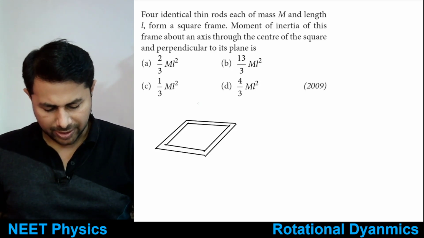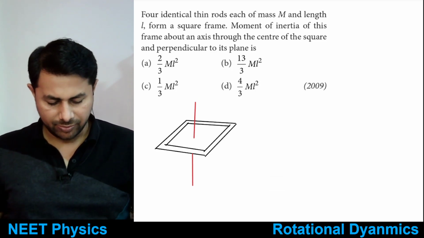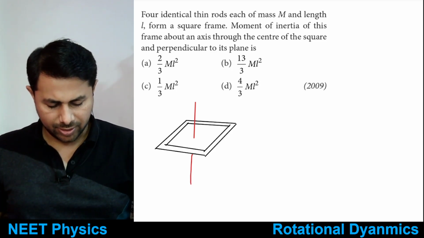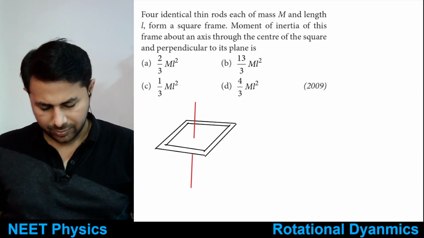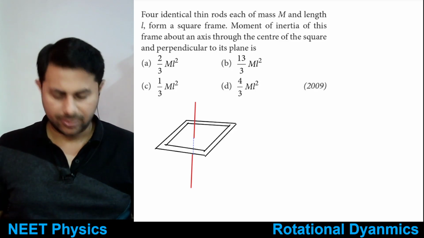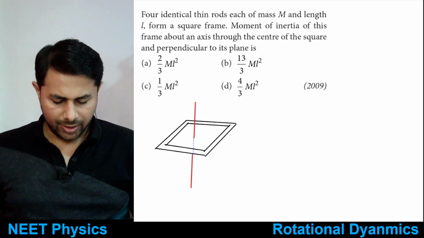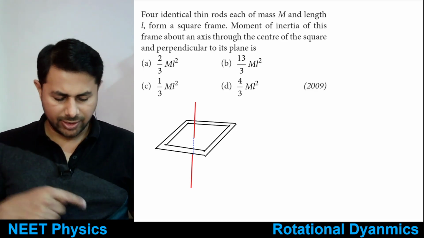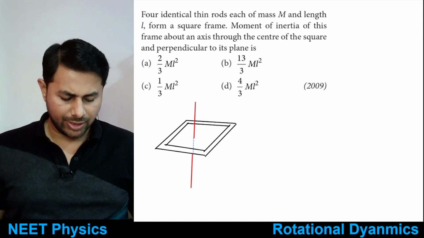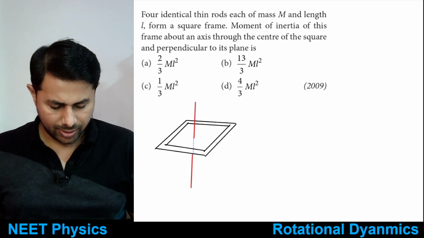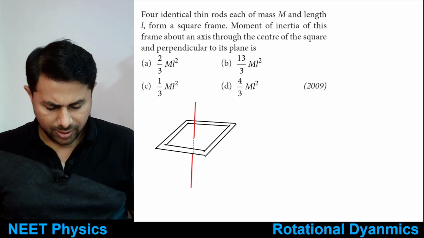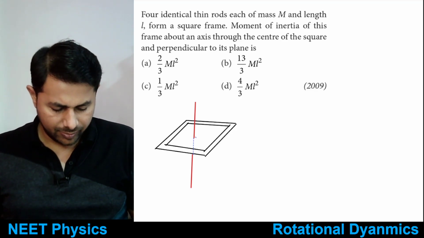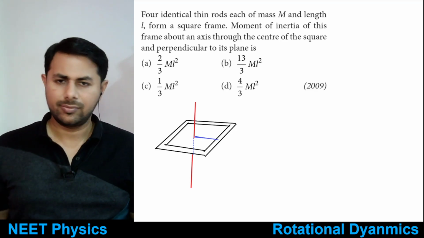The axis which passes through the center of this frame. So this is that axis. Now see, if it passes through the center, what is the perpendicular distance of each rod from this axis? It is just this much, L by 2, right?